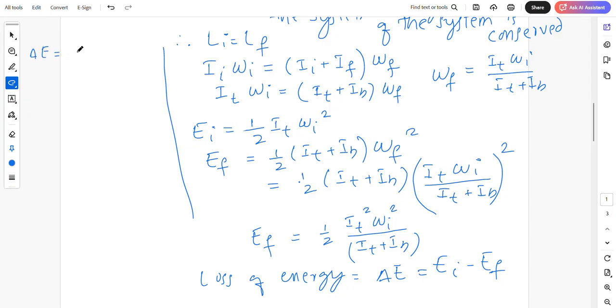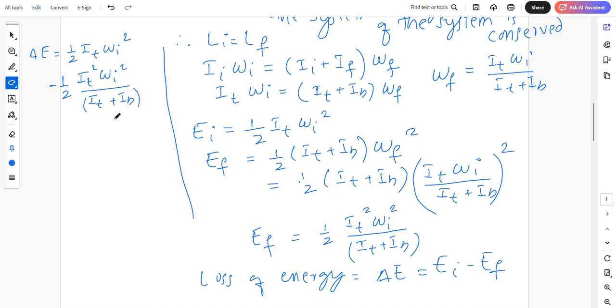how much is EI? 1 by 2 IT omega I square, minus 1 by 2 IT square omega I square divided by IT plus IB.